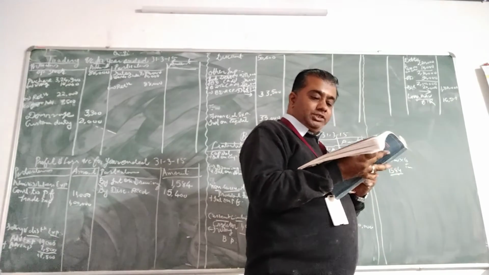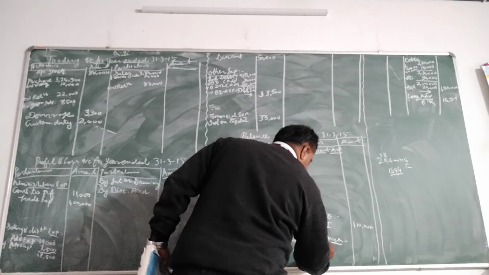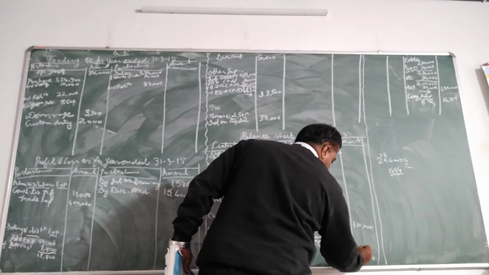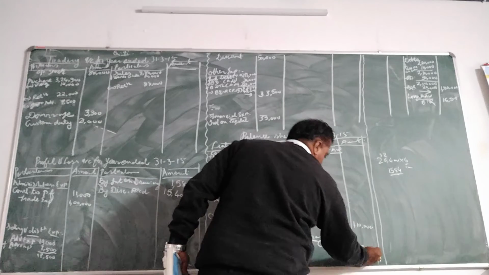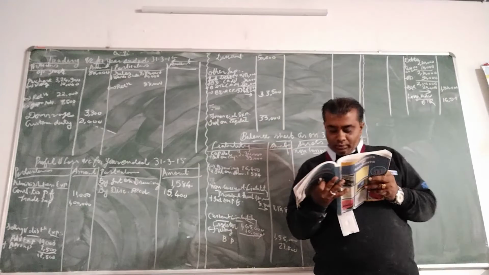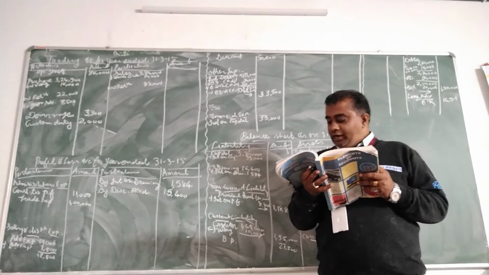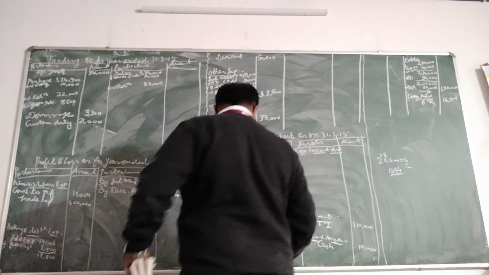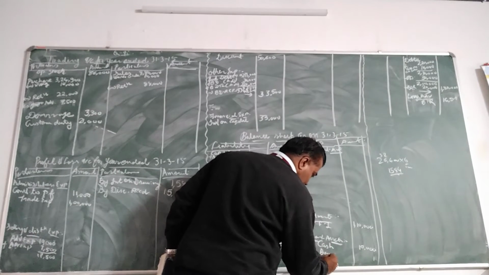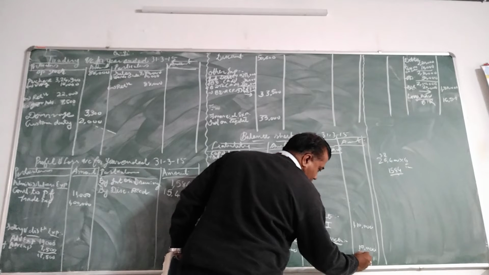Then cash balance 10,000. Cash, so it is written over here under current asset, 10,000. Bank balance 35,100.